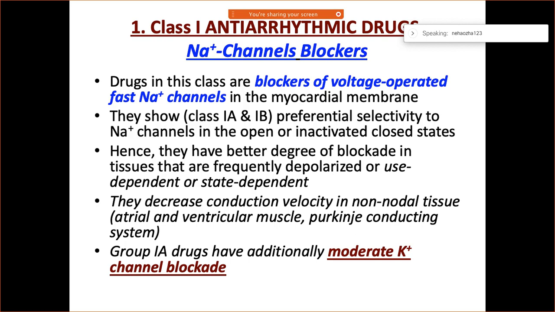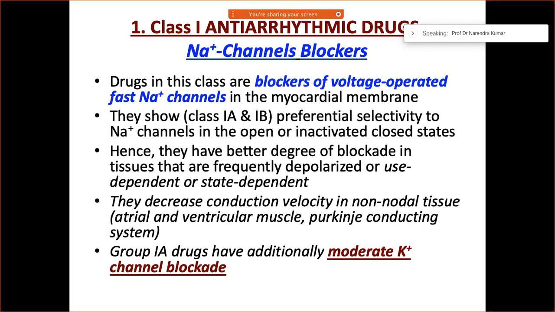please mute your microphone. Okay, in the meantime, what about the class 1 antiarrhythmic drugs? As I already said, most of the antiarrhythmic drugs are themselves even proarrhythmic as well. In fact, only beta blockers have been shown to reduce mortality, for example in post myocardial infarction patients.